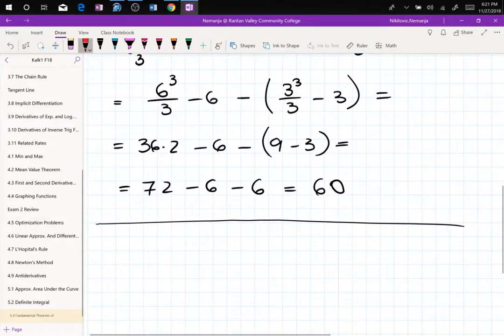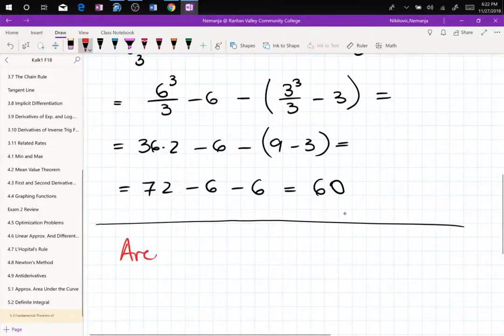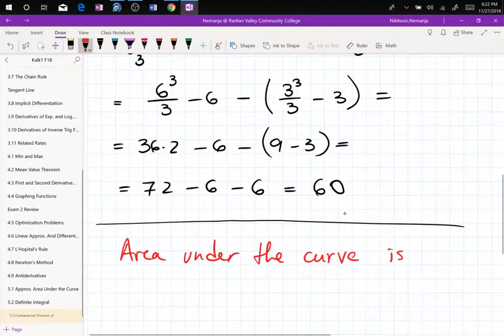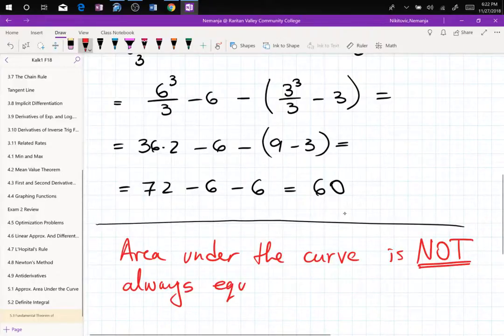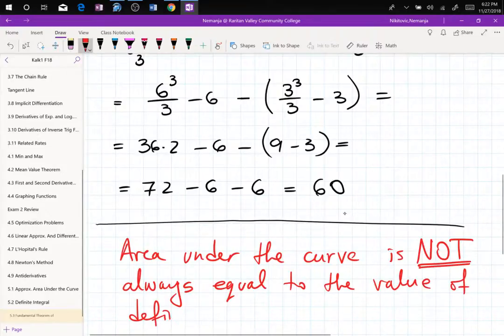So, here, in bold, area under the curve is not always equal to the value of the definite integral.